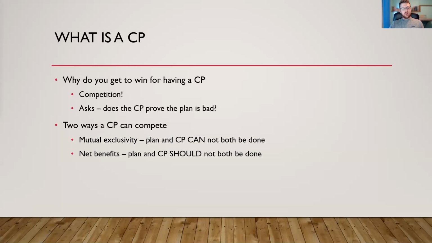The neg doesn't need their counterplan to solve anything about the case in order to win on it. They don't need a defense piece. They can just win by saying the plan gives up the option to do this awesome chemical that's good for the economy, and that outweighs the case. So that would be a version of a counterplan where it's just offense. There's no defensive piece.